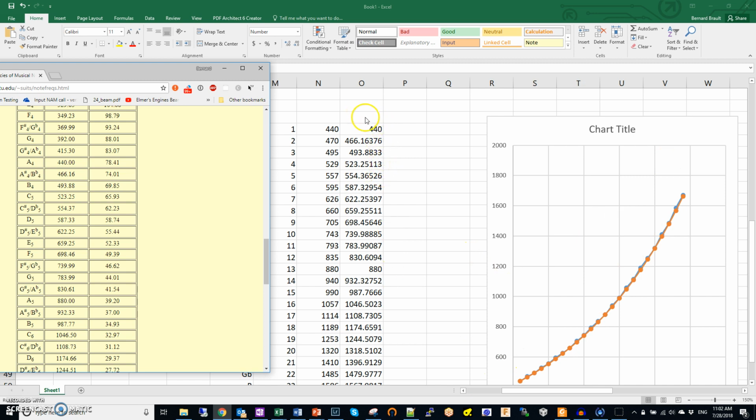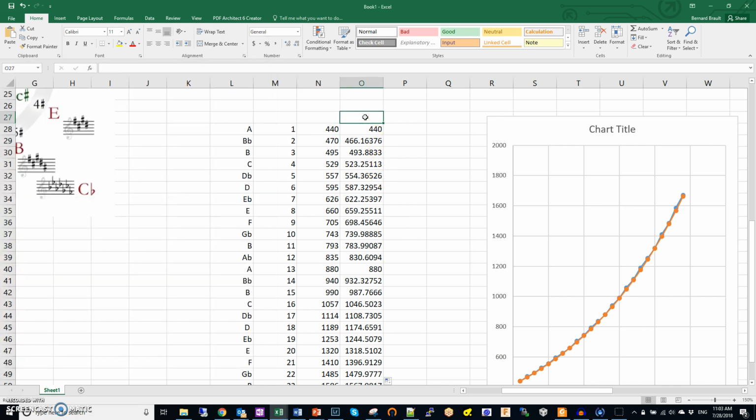It turns out that this tuning method is called equal temperament, and this is a different tuning. The equal temperament has one additional property: if you divide the frequency of all these adjacent notes, this divided by that is going to be the same as this divided by this.